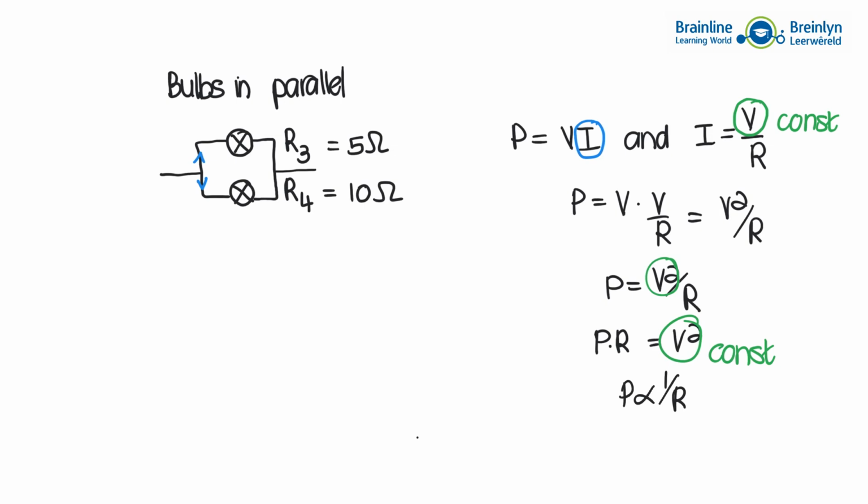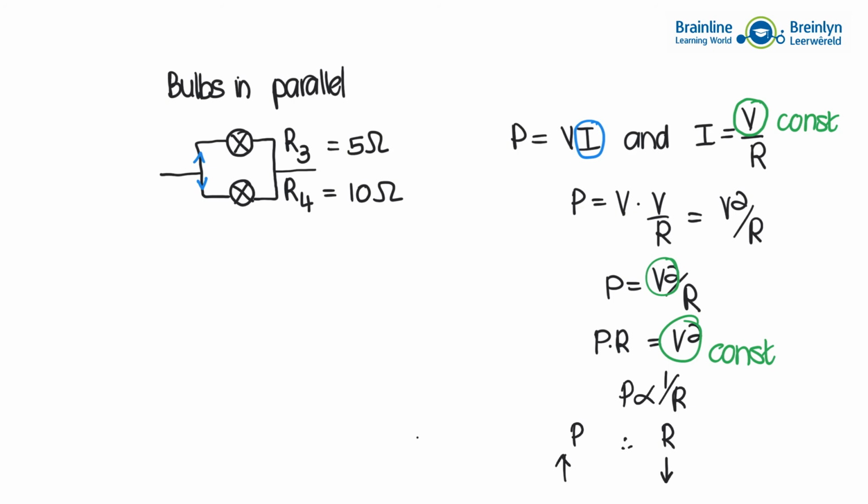Inverse proportion means that if the one variable, for example P, is high, then it tells us that R has a lower value. Direct proportion, same idea, would imply that a bigger value of the one relates to a bigger value of the other, whereas inverse proportion means that a high value and a low value relate to each other.